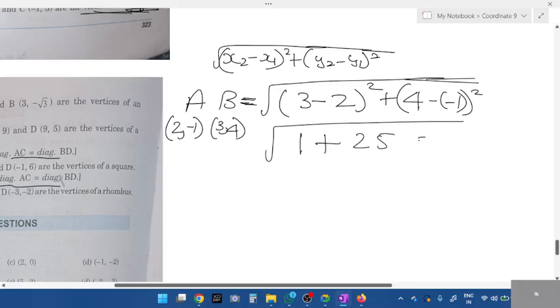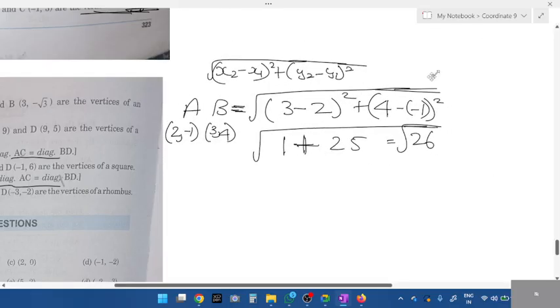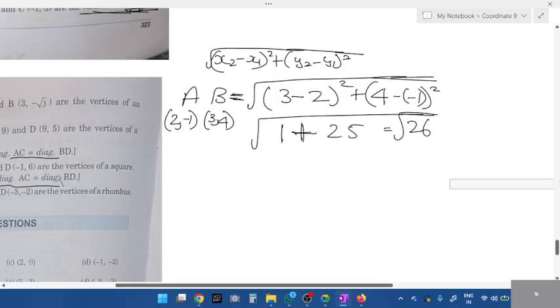1 plus 25 is... addition, 1 plus 25. I thought you were thinking even further. 26, right? Factorize 26.